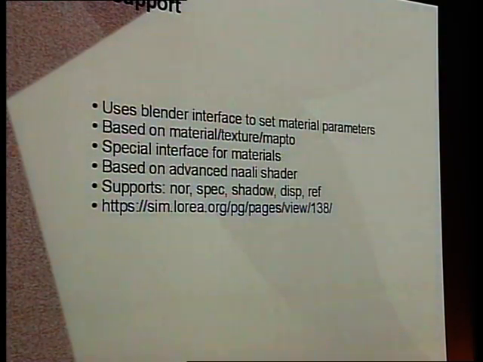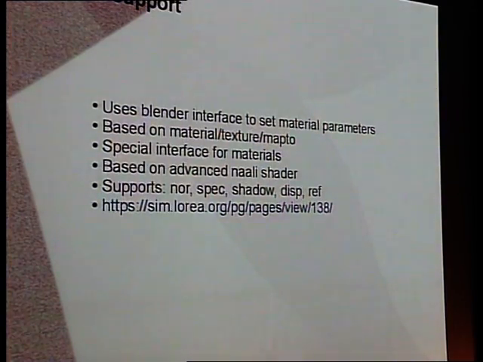So there is no special interface, it's just using the controls from the Blender interface, and it's basically based on the combination of a material with several textures, and each of the textures is marked as a normal map or a specular map or a displacement map in the normal way that you would do for designing a rendering in Blender. And then the exporter takes care to compose this into a valid shader for RealXtend.